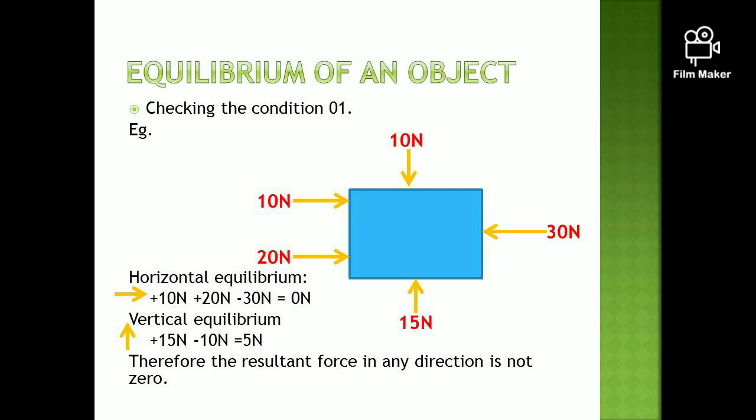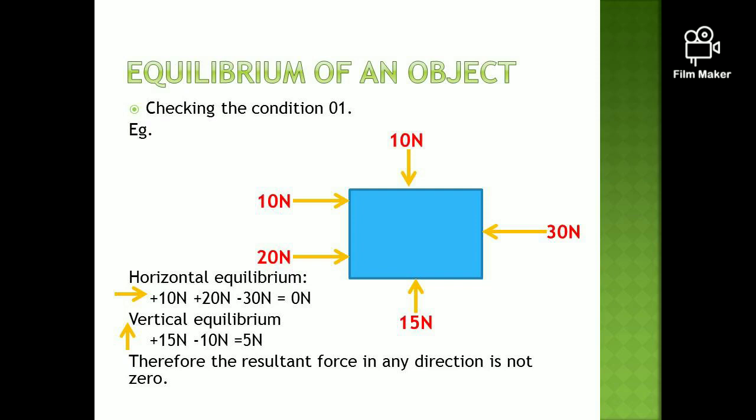Let's try to check condition 1 for this object. There are a few forces acting on the same object. Three horizontal forces, 10 newtons, 20 newtons and 30 newtons, and two vertical forces, 10 newtons and 15 newtons, act on this object. Let's consider whether it's in equilibrium horizontally or not.